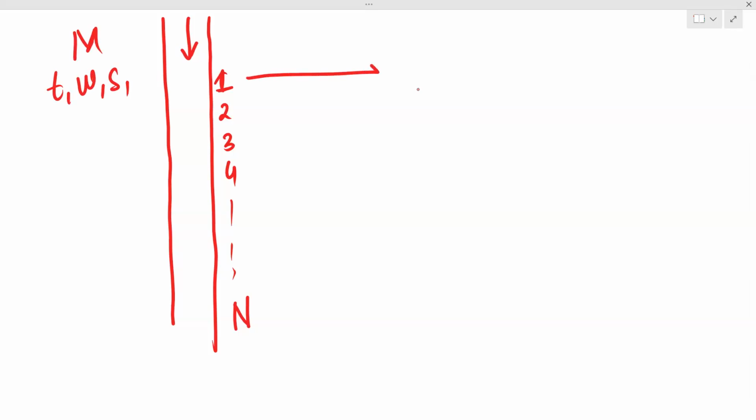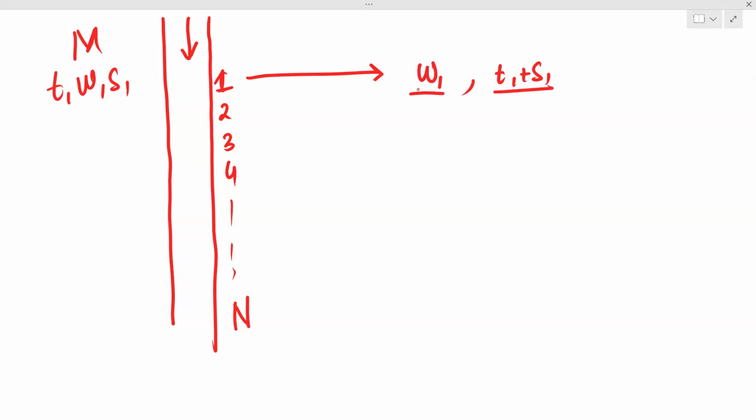He'll move out of this line, having received w1 quantity of noodles, and he's going to come back to this line at the same position after t1 plus s1 time, like at this time.